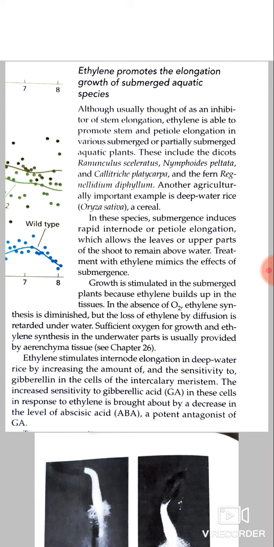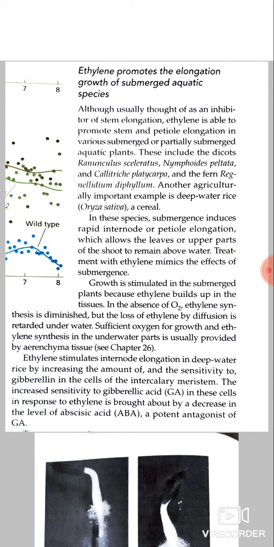These include the dicots Ranunculus sceleratus, Nymphoides peltata, and Callitriche platycarpa, and the fern Regnellidium diphyllum. Another agriculturally important example is deepwater rice, Oryza sativa, a cereal.